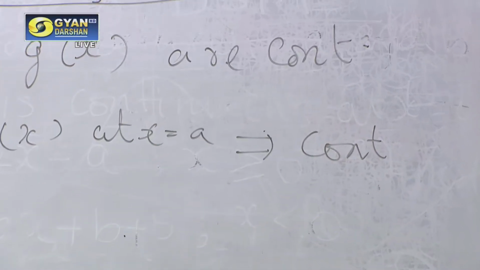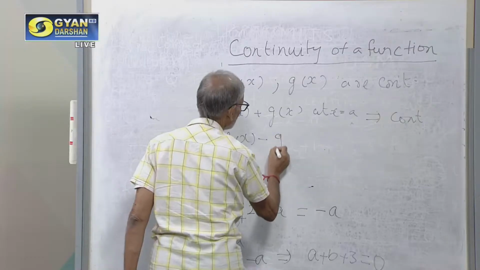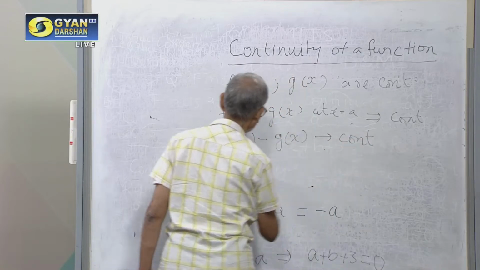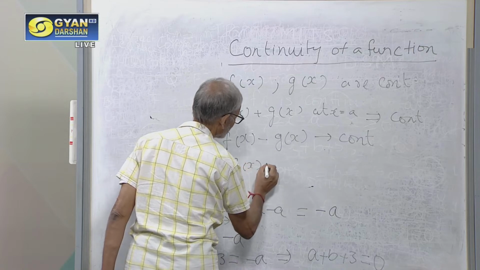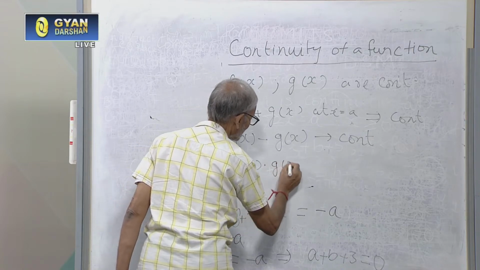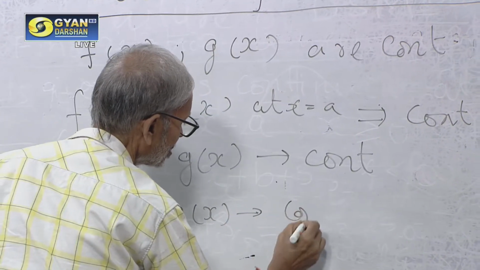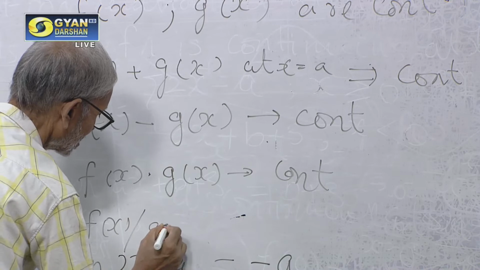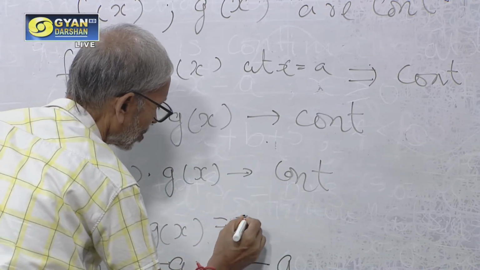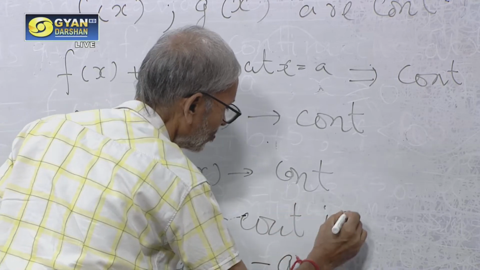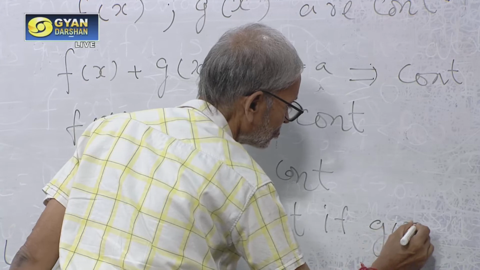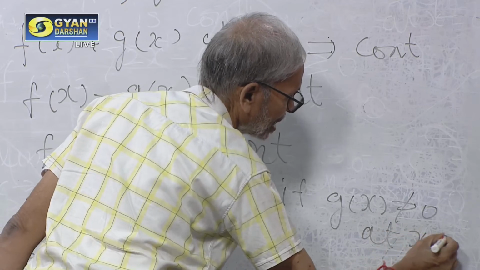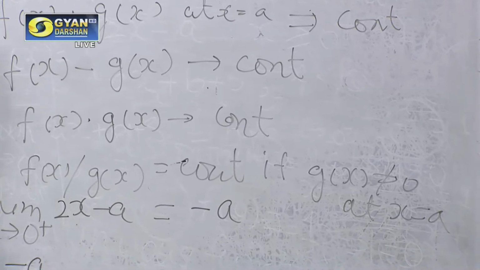Similarly, f x minus g x will be continuous. f x dot g x, multiplication, will be continuous, and f x divided by g x will also be continuous if g x is not equal to 0 at x is equal to a. So, these are the conditions.